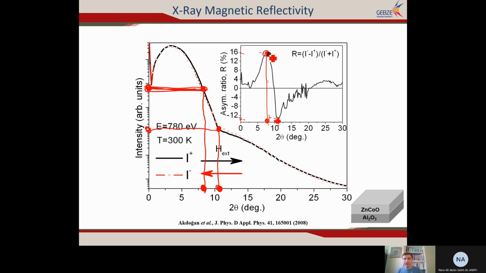So here the difference between two reflectivity curves is 16% more or less, and at this point the intensity is also huge. For this reason, for the forthcoming experiments, I always fix this angle here, okay? This theta angle here, which is determined from this position.